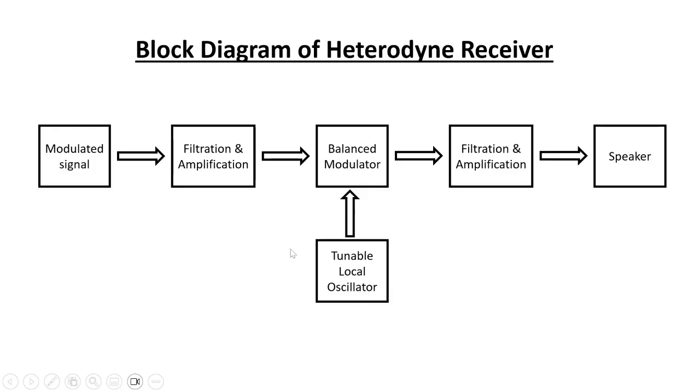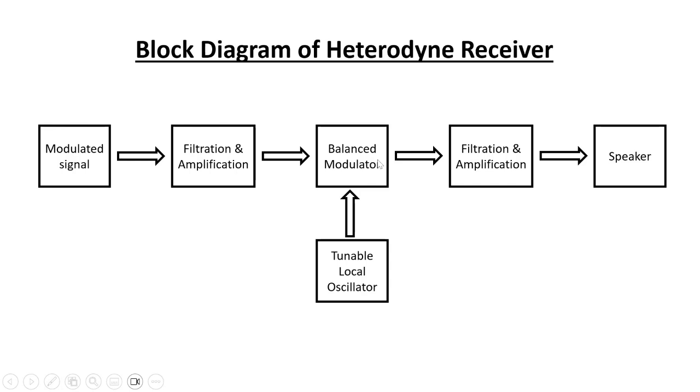This carrier frequency and this modulated wave multiply with each other, or they both pass through a balanced modulator, and in the output it will result in the sum of this local oscillator wave and this modulated signal, and there will be a difference of this local oscillator signal and this modulated wave.